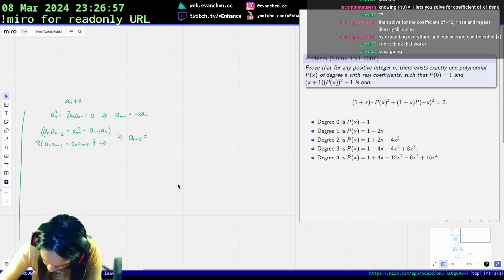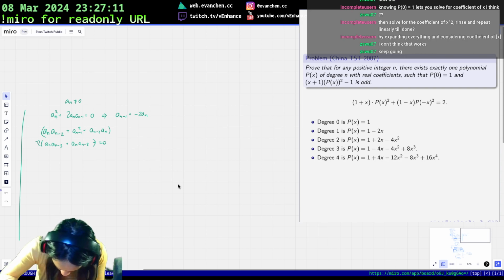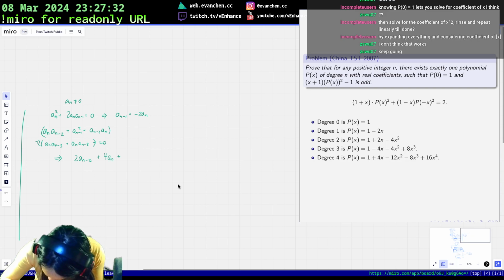Because this thing says that if I'll even solve it explicitly. So you substitute in the... so what we're doing is just dropping a factor of a_n, right? So it's like 2a_{n-2} plus 4a_n plus, and then a_n, this is a_{n-1}. a_n plus a_{n-1}, it's like minus a_n, drop it.